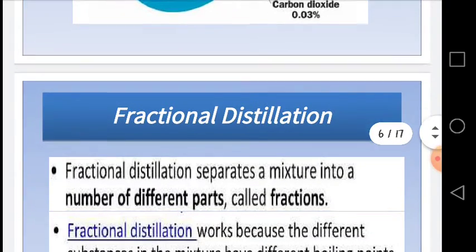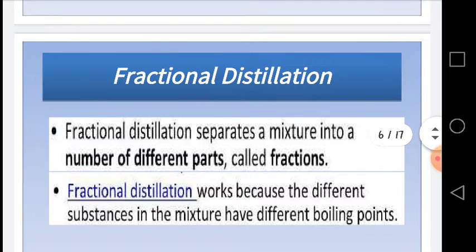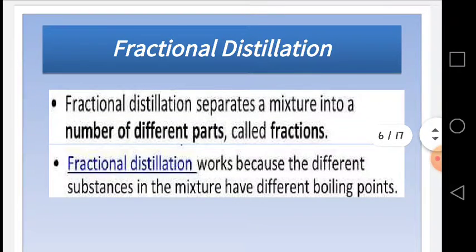Now we are moving towards the fractional distillation of the air. Before going to understand the fractional distillation of liquid air, we should understand what fractional distillation is. Two things are very important in this regard.